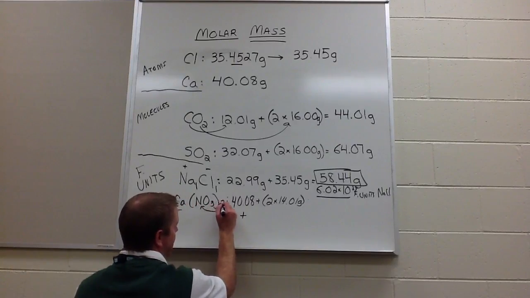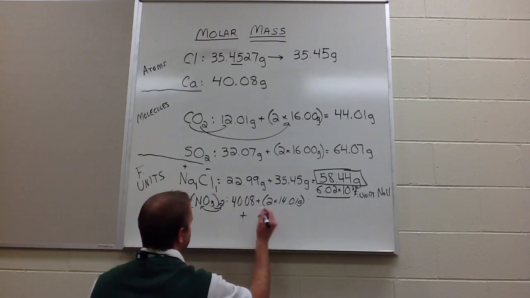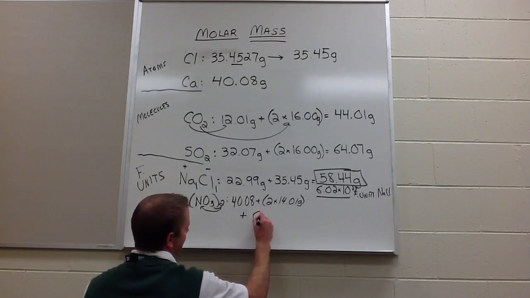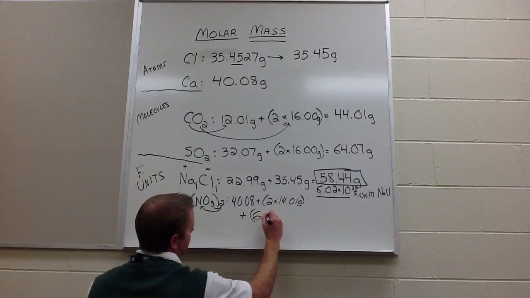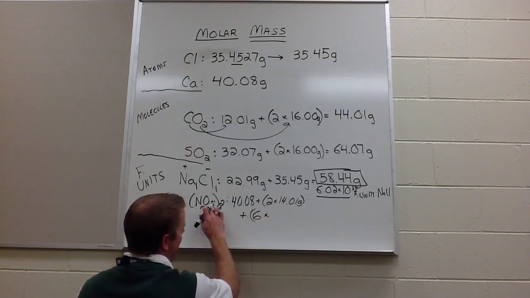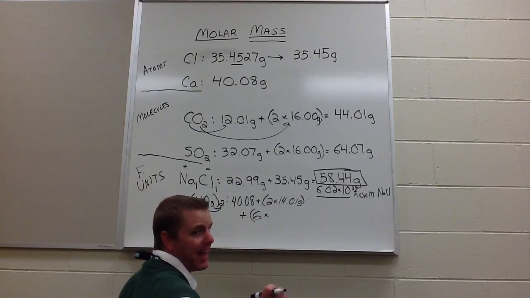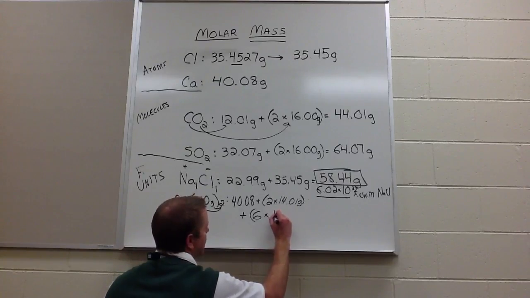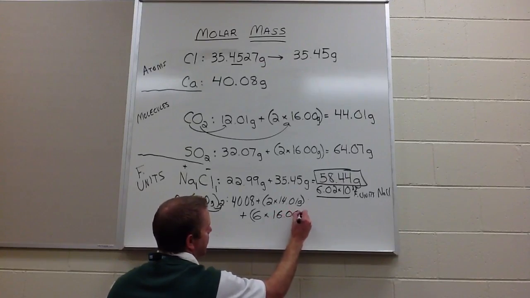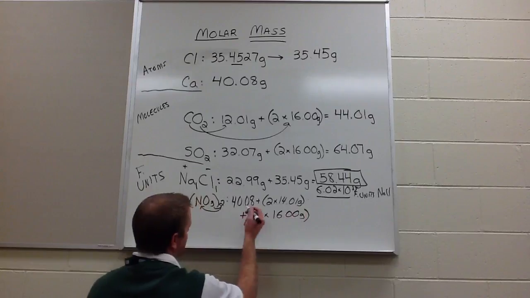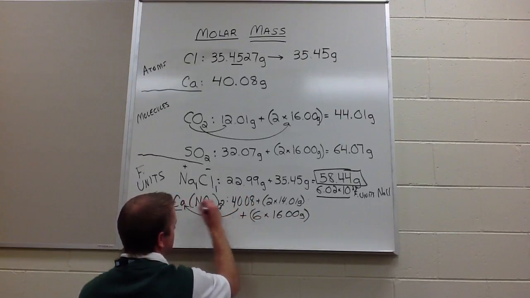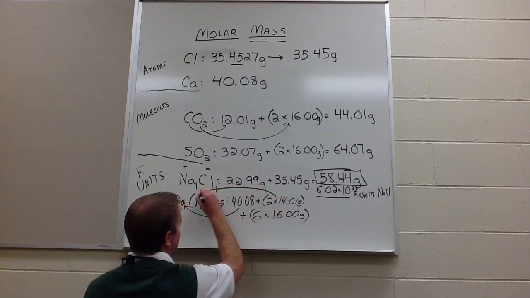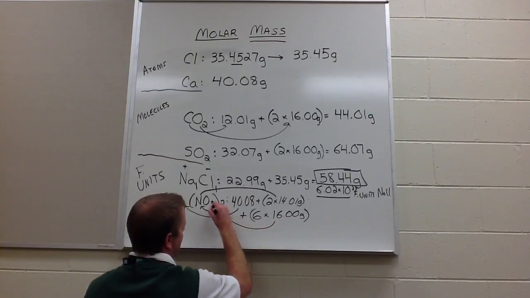There would be 3 oxygens, and there would be 2 of them, right? So 3 and 3 is 6. So 6, I'm going to put this in parentheses, times the molar mass of oxygen we just established was 15.9994, right? Which rounds to 16.00 when we round to hundredths place. So here is the calcium. This is the 2 nitrogens, and this is the 6 oxygens.